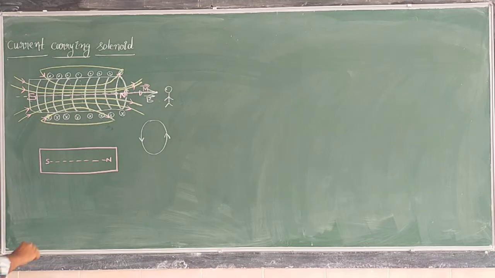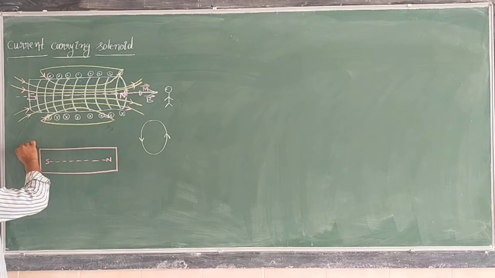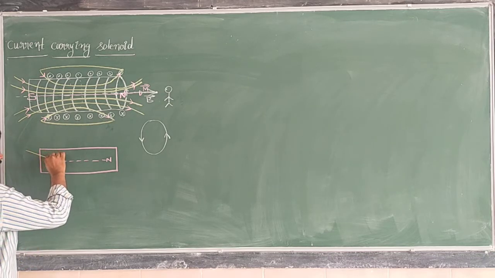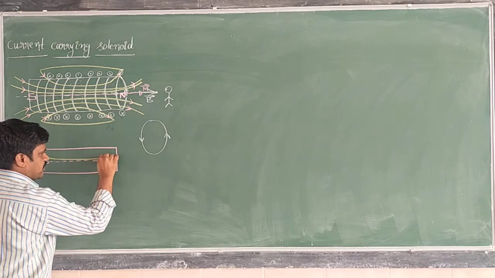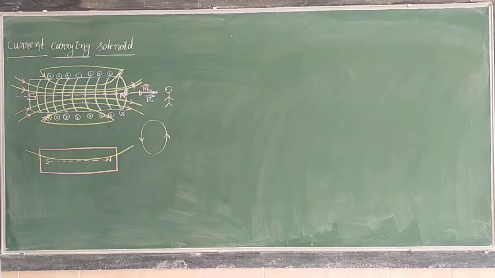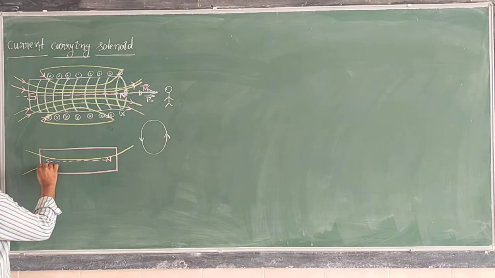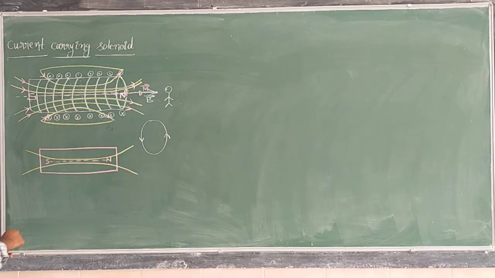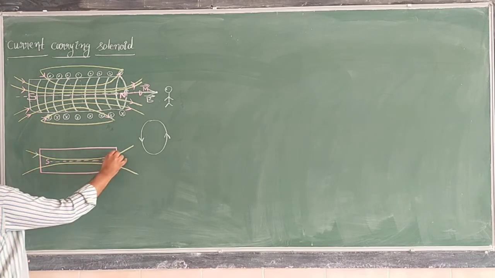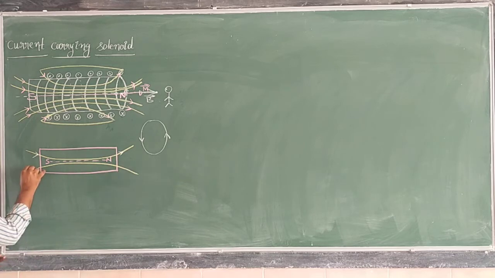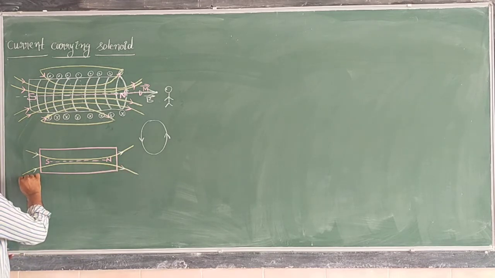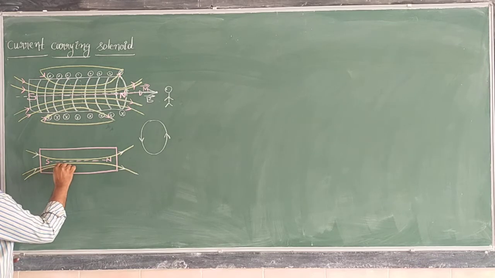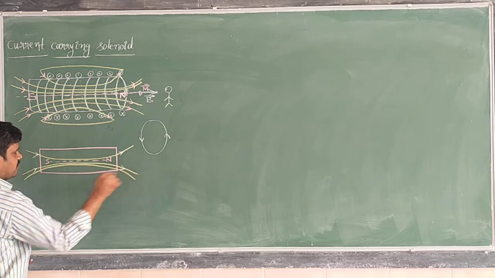In this case, the magnetic field lines we have to draw like this. Here the magnetic field lines enter and here they exit. Now suppose we take another one, we can draw it like this.